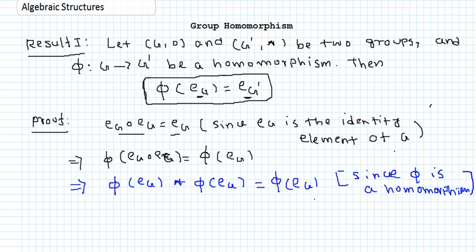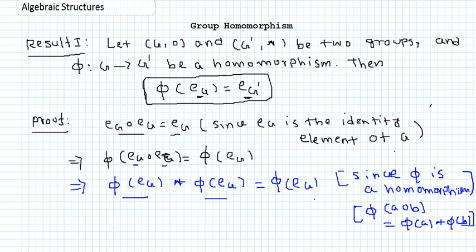Which property do we use for homomorphism? For any two elements A and B, phi of A composed with B is phi of A star phi of B. We use this property over here.